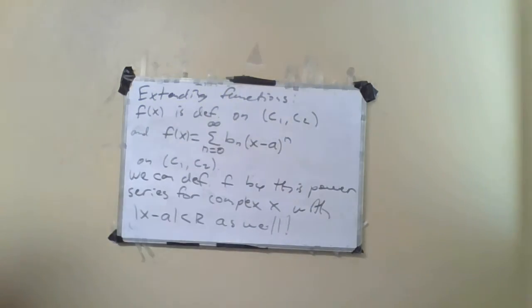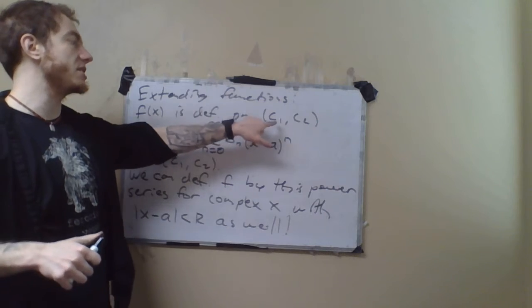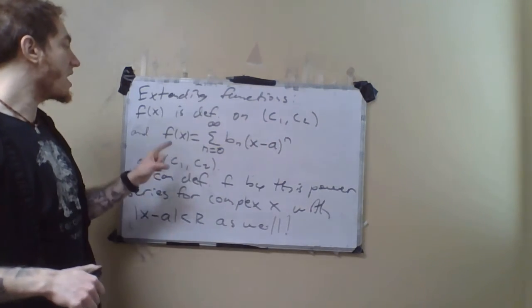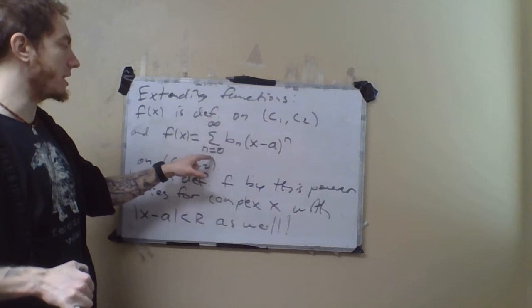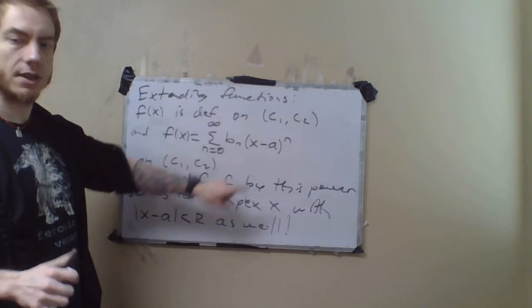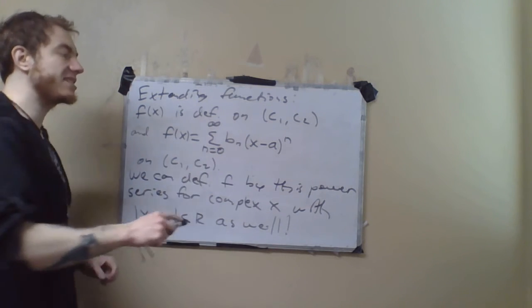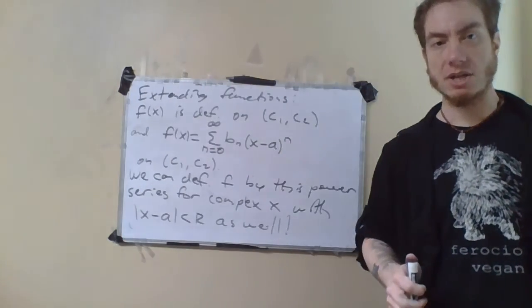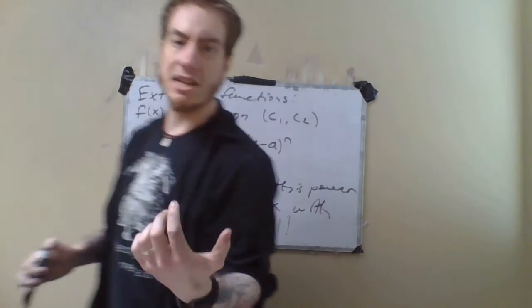In other words, we start off with a function that is defined on some real interval. We find that on that real interval, it is given by a power series. Then we can actually extend the definition to complex numbers that are near this interval as well.